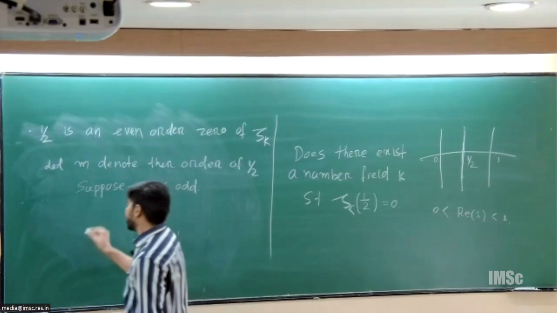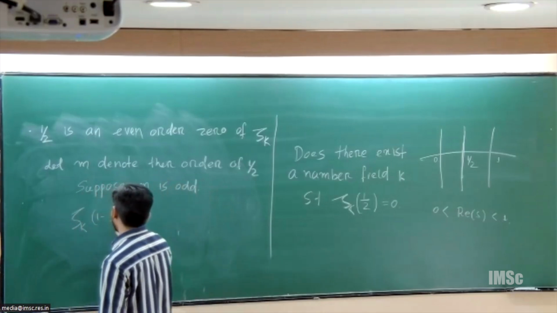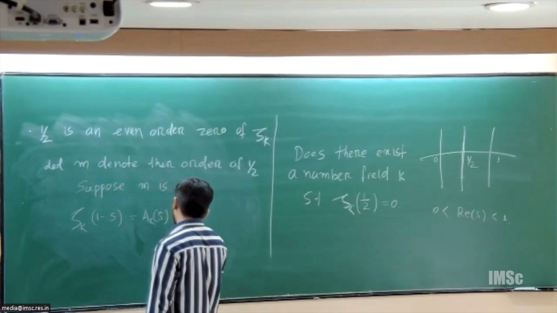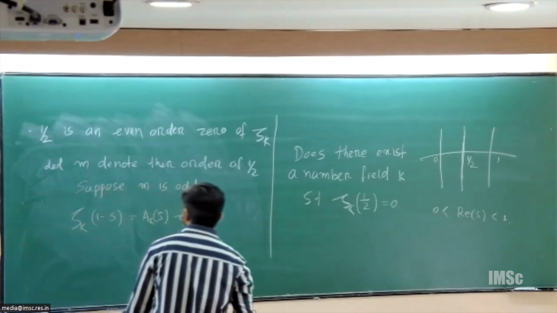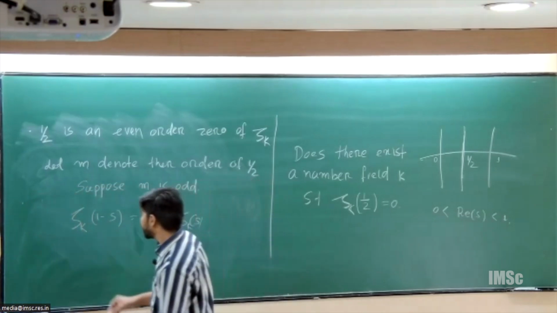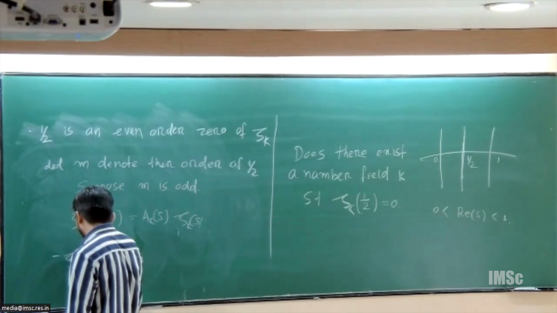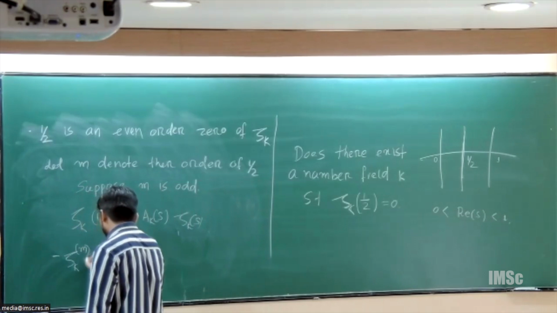We know that zeta_K satisfies this functional equation, zeta_K of 1 minus s equal to A_K of s times zeta_K of s. A_K is defined there. Now we'll take the mth order derivative of this equation. So since m is odd, we'll have minus the mth order derivative of zeta_K at 1 minus s.